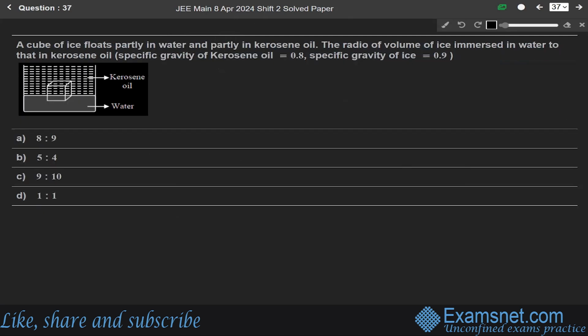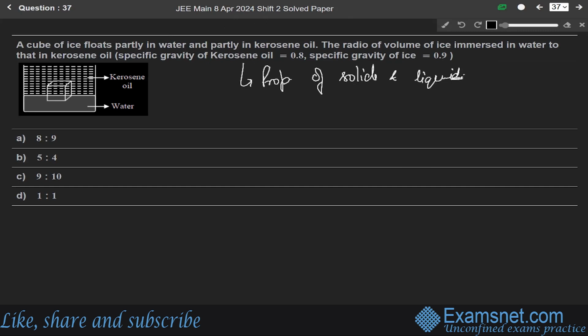Now 36, a cube of ice floats partly in water and partly in kerosene oil. The ratio of volume of ice immersed in water to that in kerosene oil, specific gravity of kerosene oil is given as 0.8 and of ice is given as 0.9. So this question is from the chapter of properties of solids and liquids.